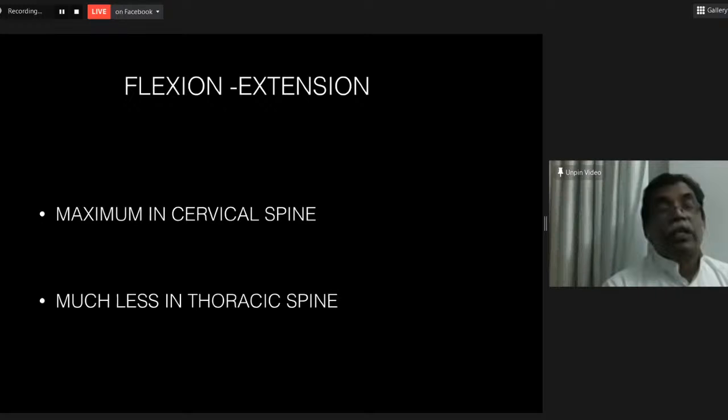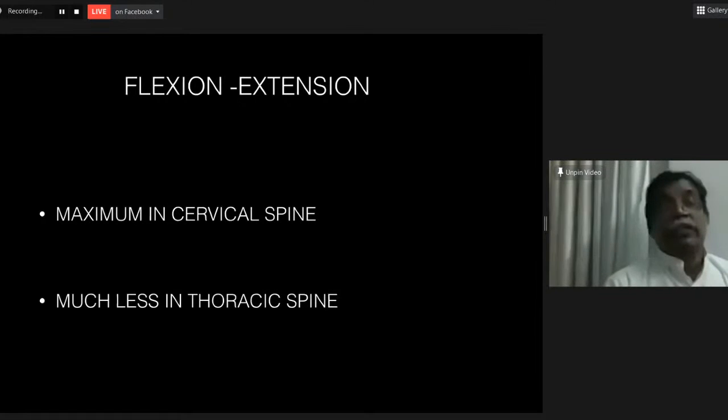When a person flexes his cervical spine, the cervical spine straightens. It never goes into a further flexion than a straight cervical spine. The lordotic curve straightens, but it does not curve forward. So that's the extent of flexion in cervical spine.